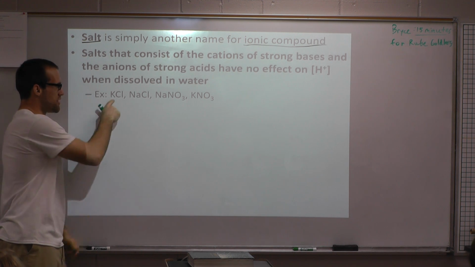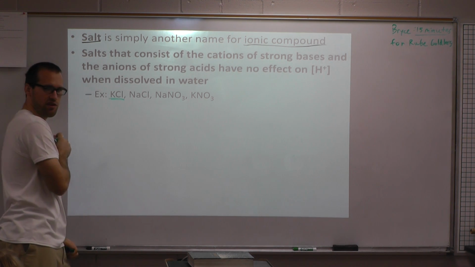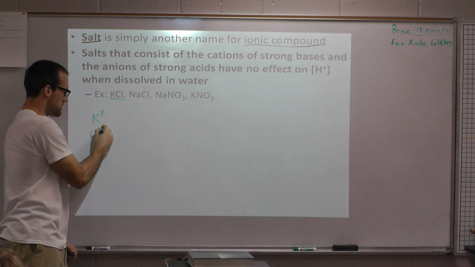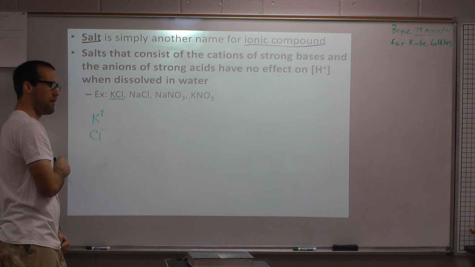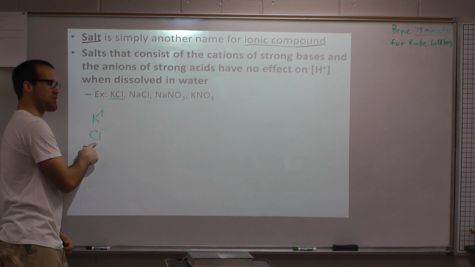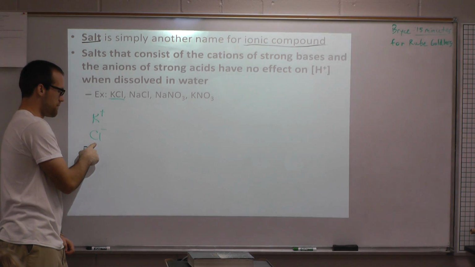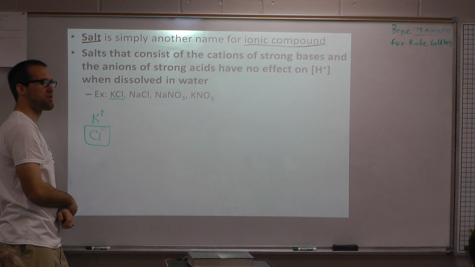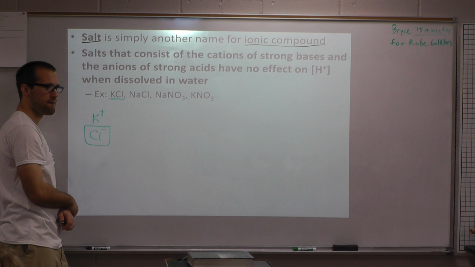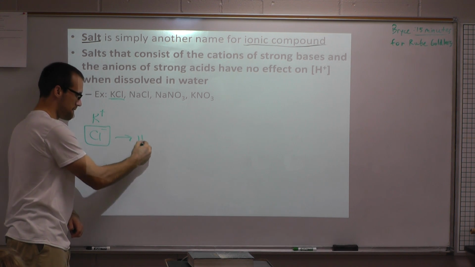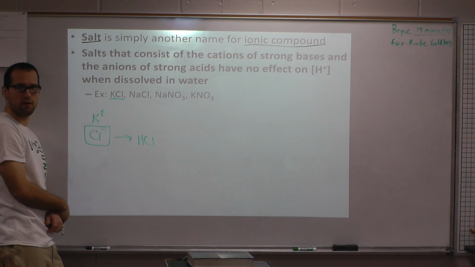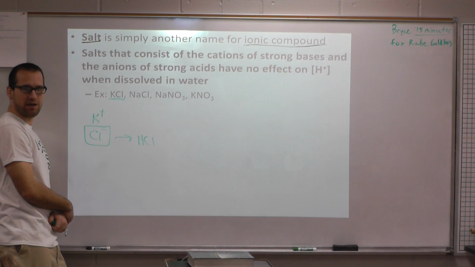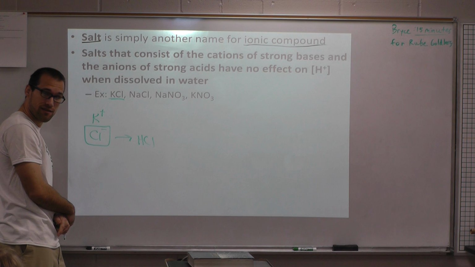For example, this will completely dissociate in water because it's a salt, or ionic, correct? K plus, Cl minus. Well, what would this react with? What would it produce if it reacted with water? Is that going to happen? No. Why not? You'd be forming something that is always what? Dissociated.